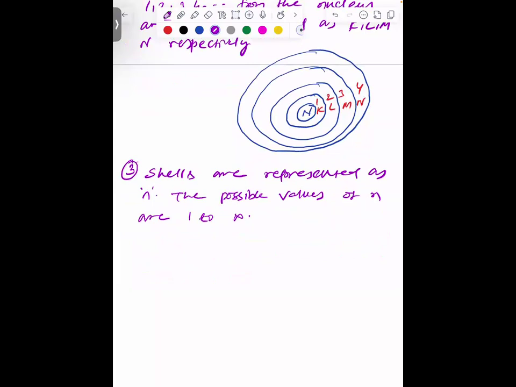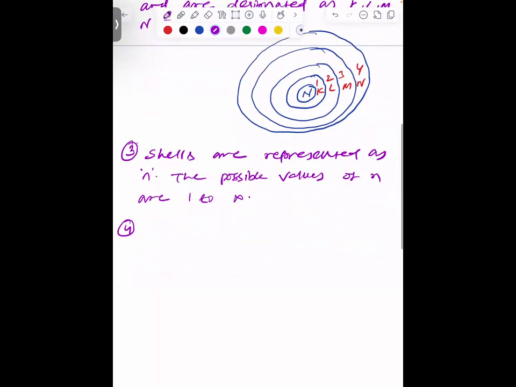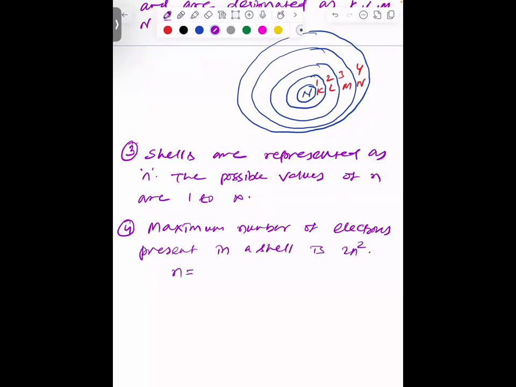Up to 3, it is clear. Then come to 4: the maximum number of electrons present in a shell is 2n square, where n is the shell number.